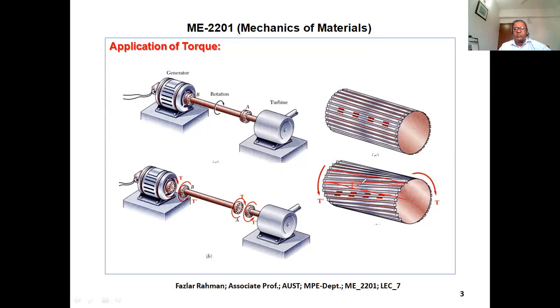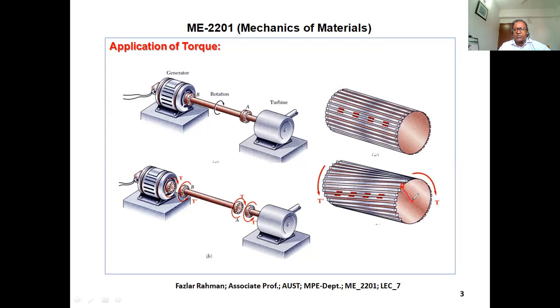That means there is some deformation, and this deformation is a kind of angular deformation. If I take a point right over here, you see this one, its position after applying torque.